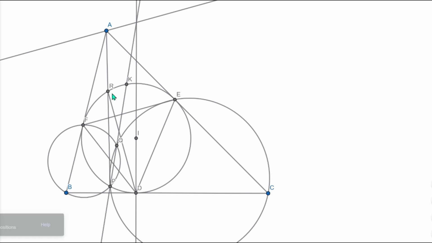And then if we look at the segment DK here, it intersects segment EF at this point H here. And if we look at the point H closer, it really seems like EH is equal to HF. In other words, H is the midpoint of EF.